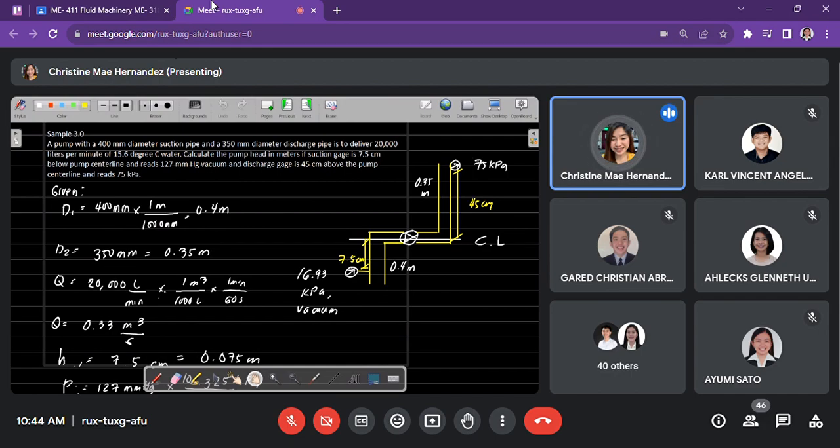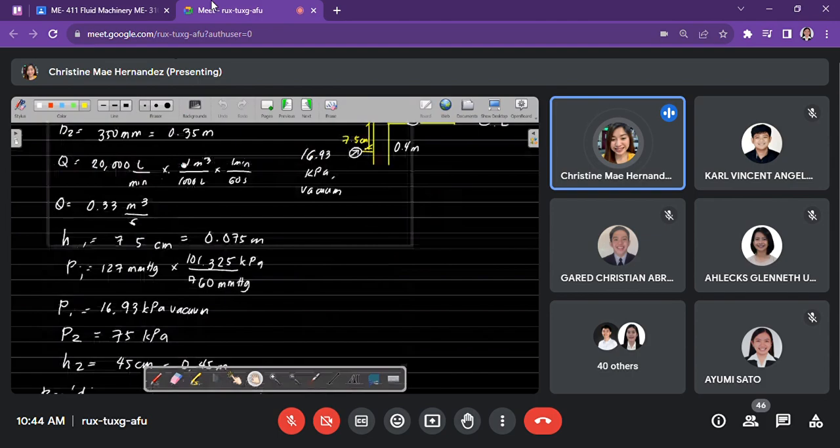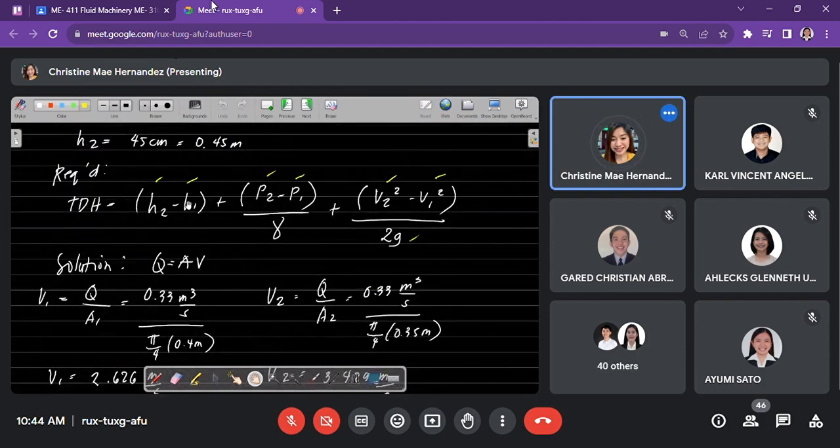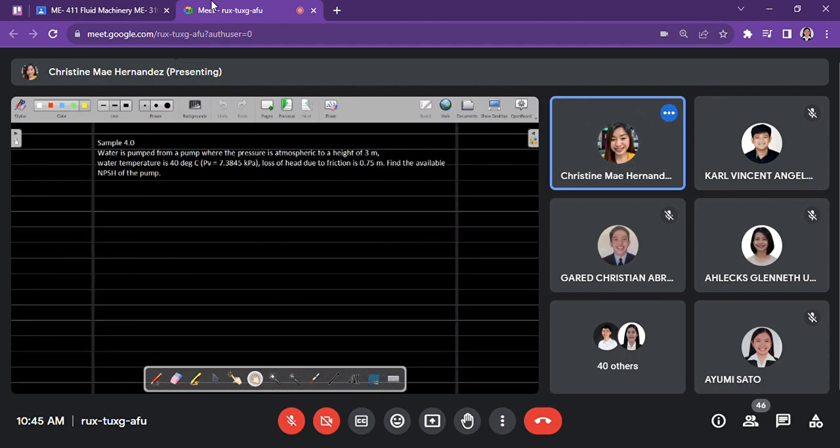So, pag tinanong ko lang si net positive suction head, i-disregard nyo lahat ng discharge head. Meaning, ang i-compute nyo lang is for suction head, yung ating mga H1 lang. Ang gagawin nyo, 0 si H2, P2 0, V2 0. Kasi, coming from the word itself, net positive suction head, magpo-focus tayo sa suction head lang. Okay? So, dito, given naman siya na suction head lang talaga.